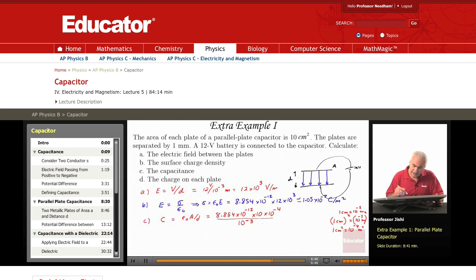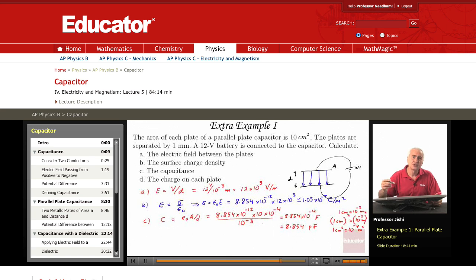So I'm left with 8.854 times 10 to the minus 12, and the SI unit of capacitance is a farad. Now 10 to the minus 12 farad is what we call a picofarad. So this is 8.854 picofarad.